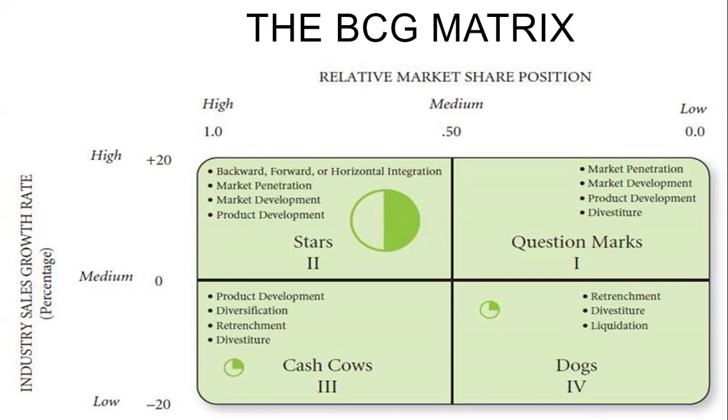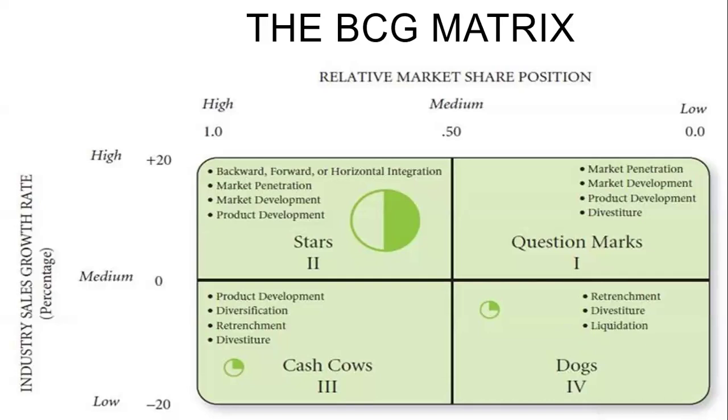So when we say stars, as far as the BCG matrix is concerned, what sort of strategy must be pursued? First of all, stars, as put forth by the BCG matrix, suggests that a given organization has higher levels of market growth rates, and at the same time, they have relatively high market share.